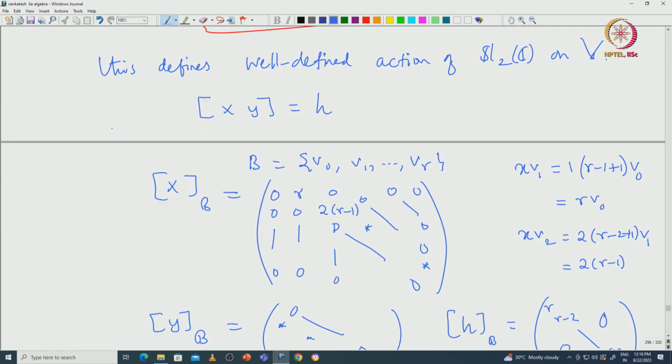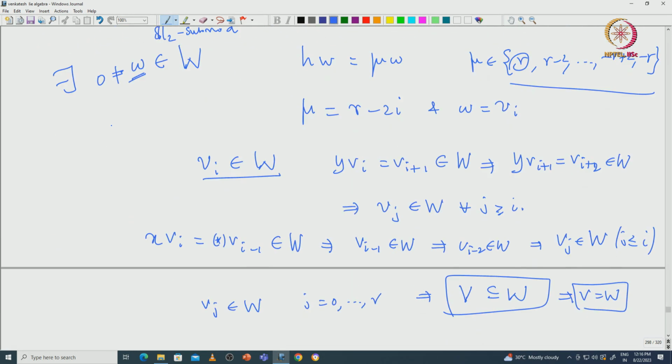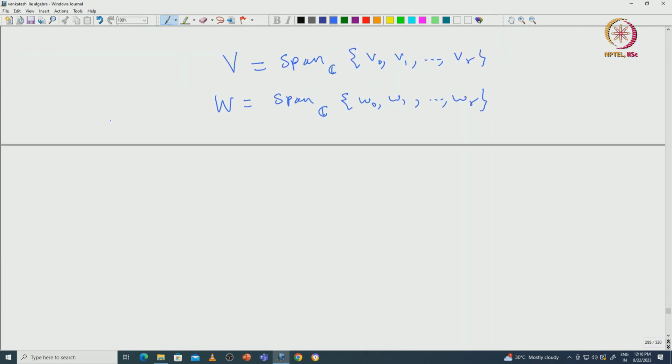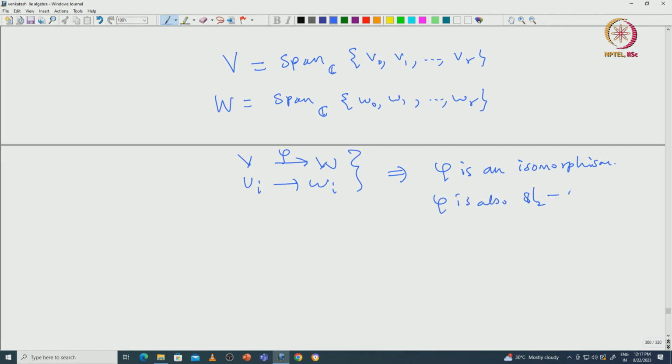So, that means you can simply map this Vi to Wi, and then we can define a map from V to W, call it phi, and it is an easy exercise to see that this phi is an isomorphism and phi is also an SL2 module homomorphism.